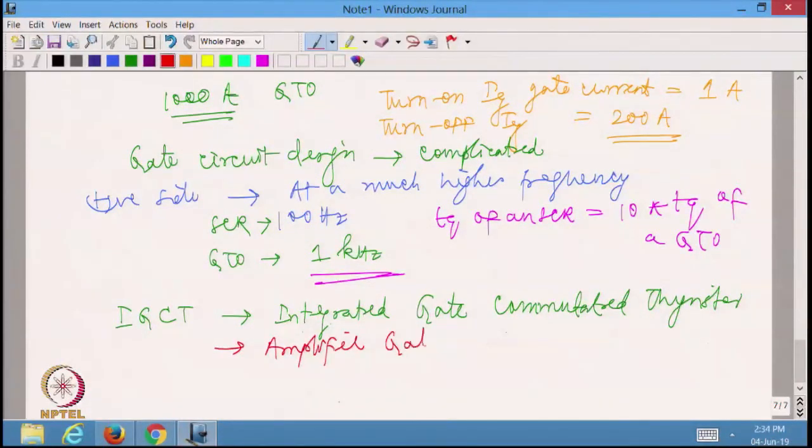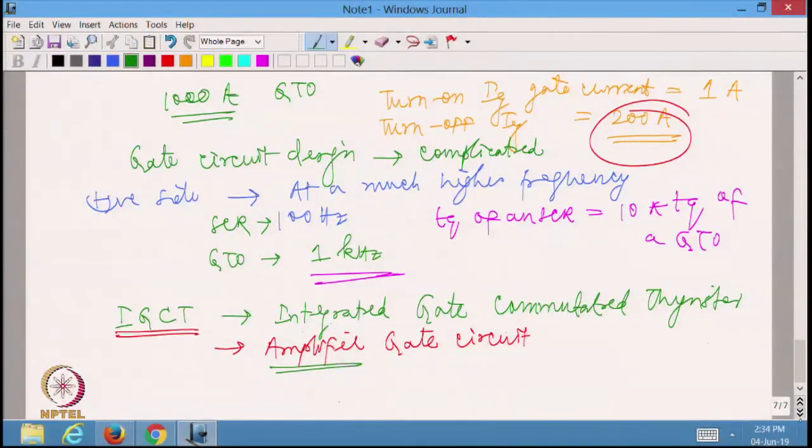This is a built-in amplifier. So, you can have lower current for turn off as well, and it is able to work very well. So, this is really becoming popular. This combines the advantages of SCR as well as GTO by including an amplifier in the gate driver.